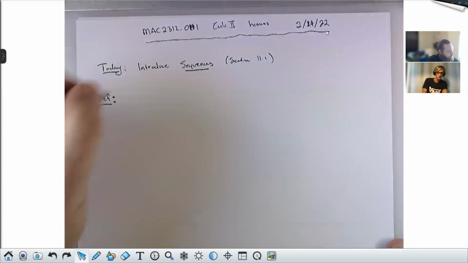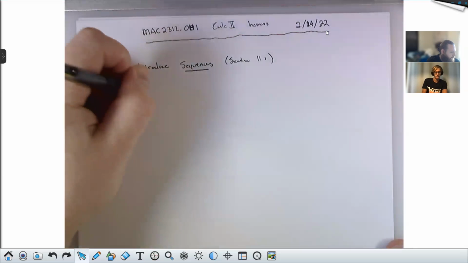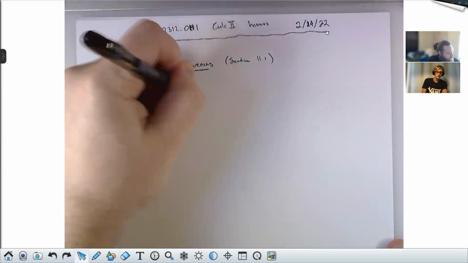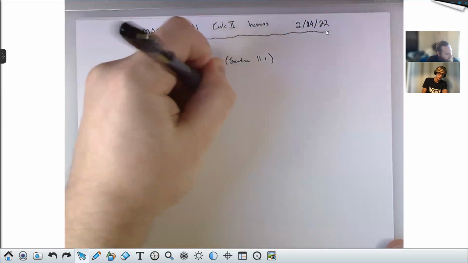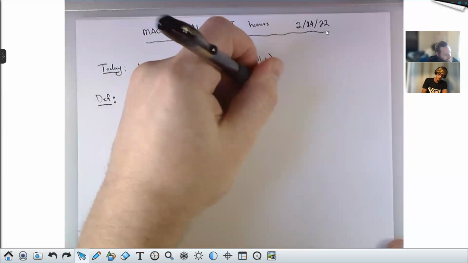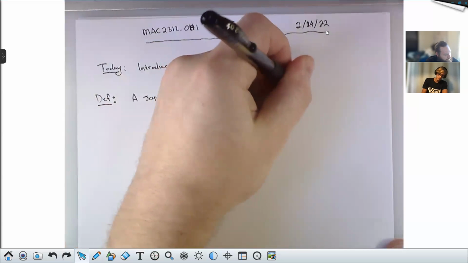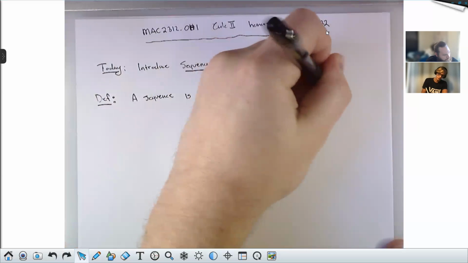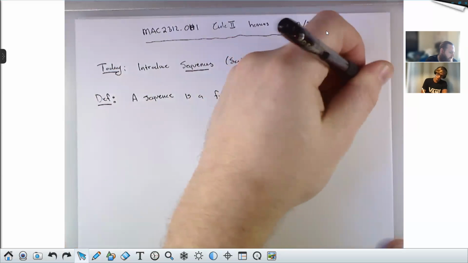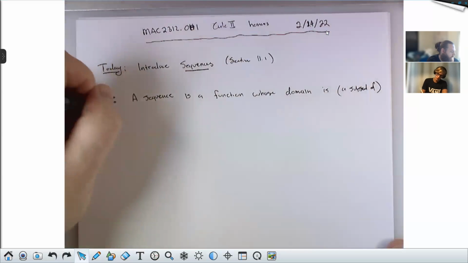So formally, a sequence is a function whose domain is potentially a subset of the natural numbers.